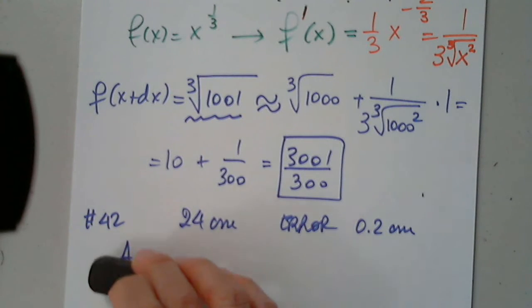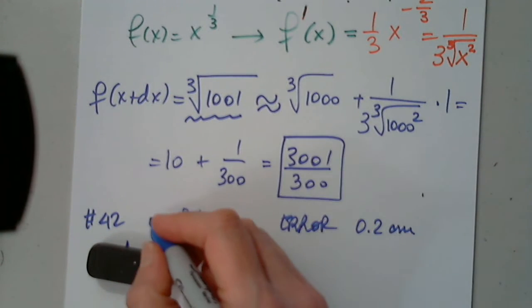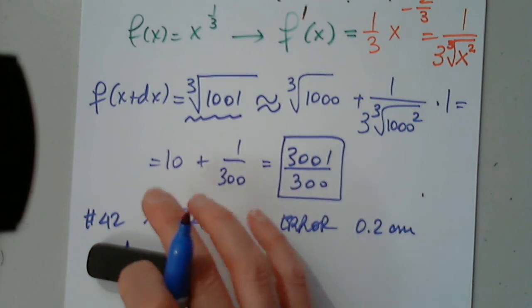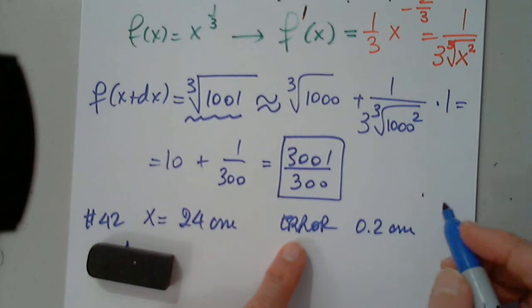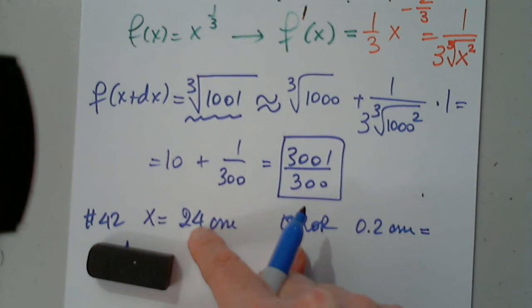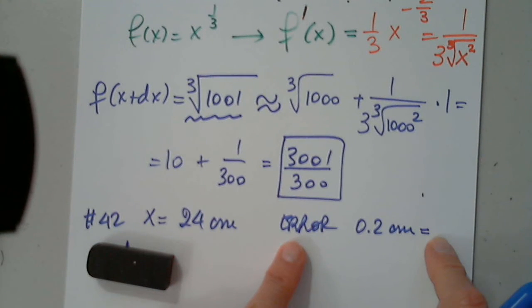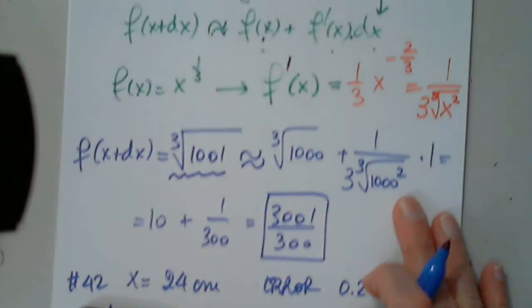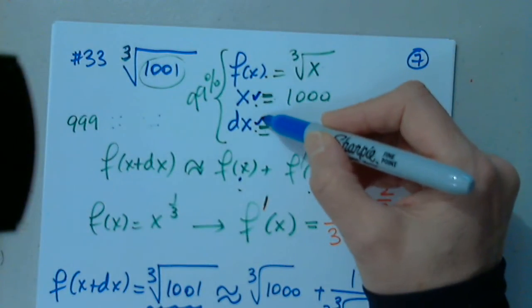Careful. x? It's x indeed. You can call it r if you want to call it radius. That's the x. If this is x, what is this? dx? Of course, it is dx. So I identify the x and identify the dx.